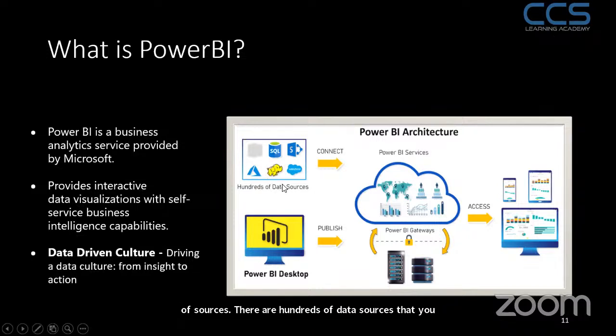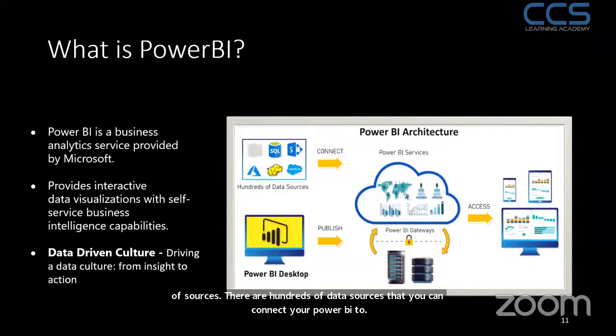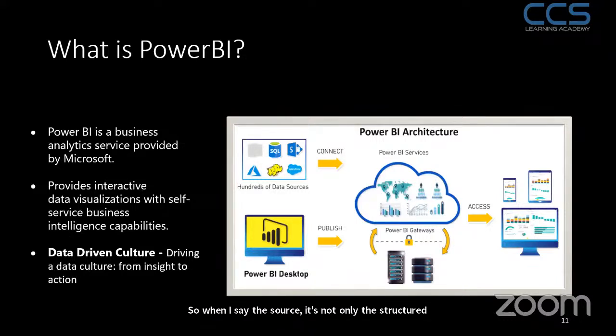When I say source, it's not only structured data. It could be structured, like tables. It could be unstructured, like flat files, PDF and Excel files. And it could even be from the internet. You can even pull data from websites. It could be from a cloud platform like Snowflake or Azure. And it could even be from your Twitter, GitHub, LinkedIn.